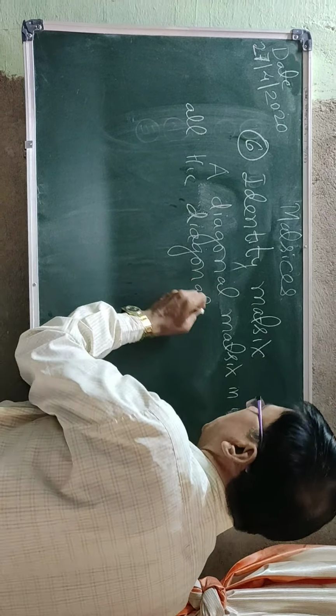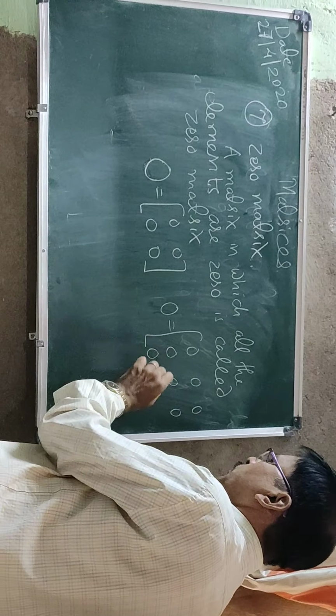For example, zero matrix is denoted by O. So this is a zero matrix of order 2. This can be represented like this. Or zero matrix of order 3 can be written as 0 0 0 0 0 0 0 0 0.